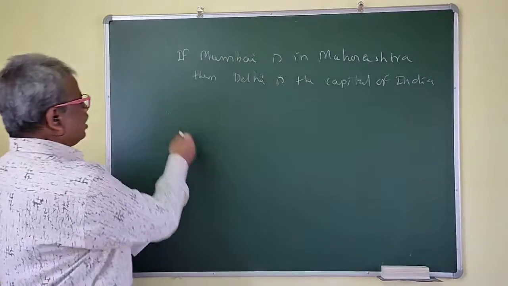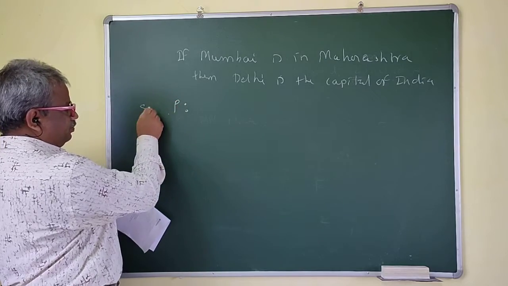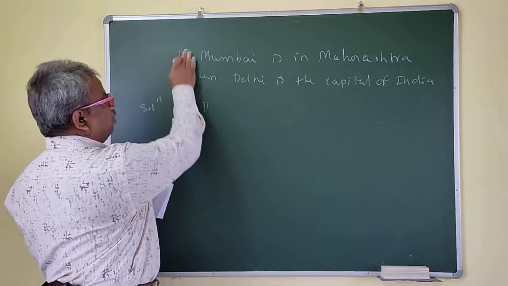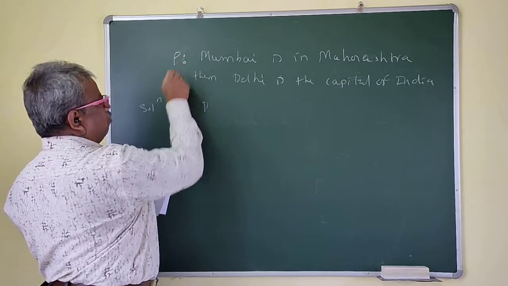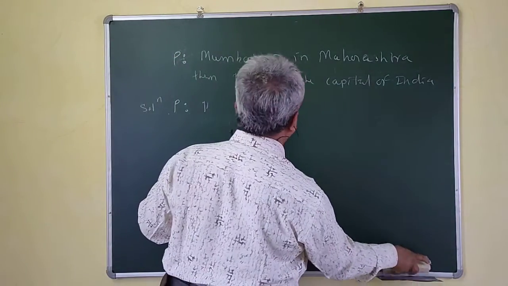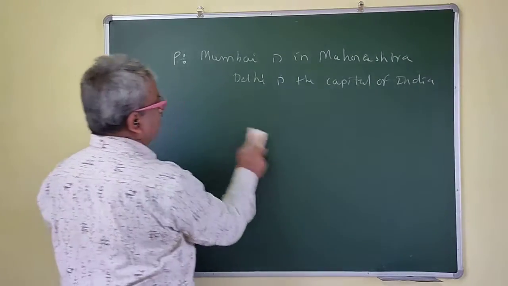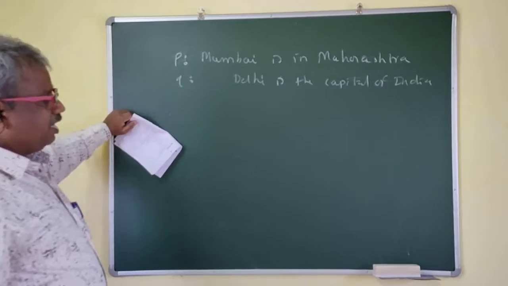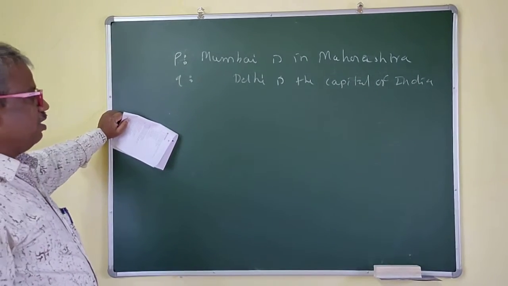So first, what are your statements? We write here P: Mumbai is in Maharashtra. And your Q is: Delhi is the capital of India.